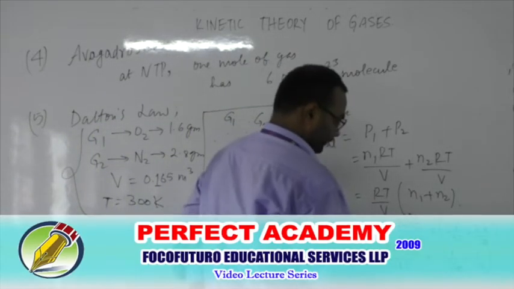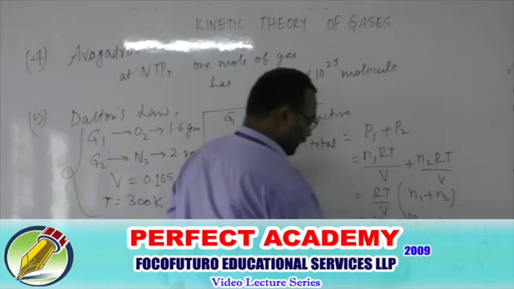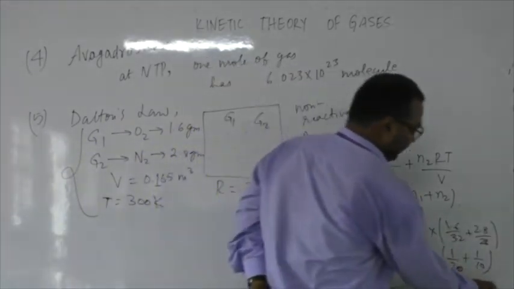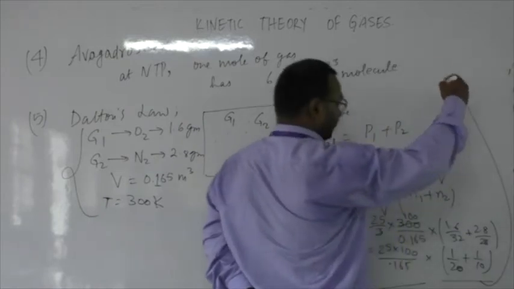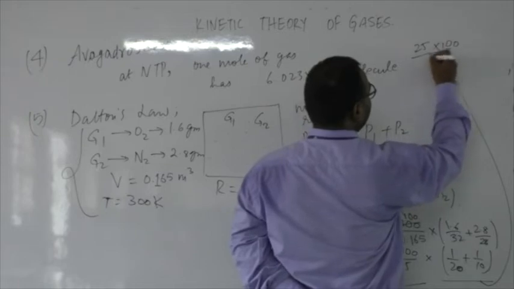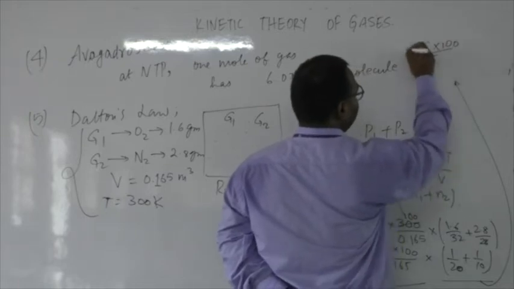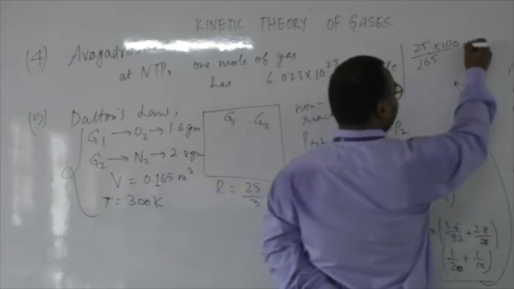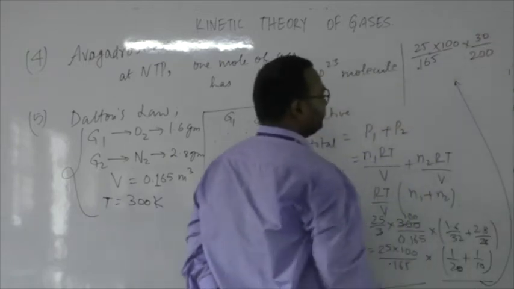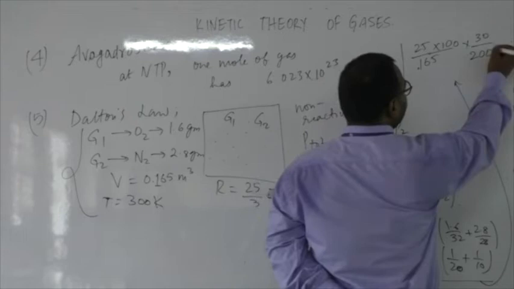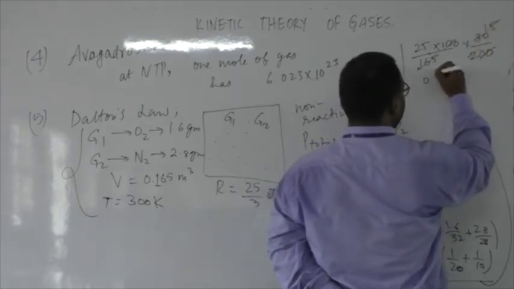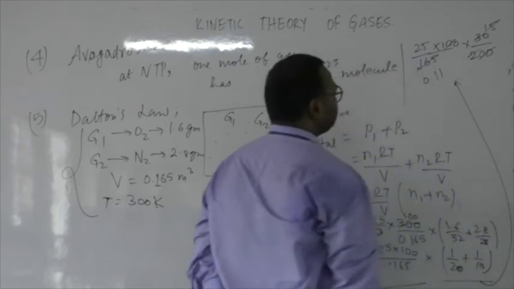So what will you do here? Take LCM and find the value of pressure. If I take this calculation here, you can find 25 into 100 upon 0.165 into 30 upon 200. Okay, so cancel it, this 15, this 0.11.